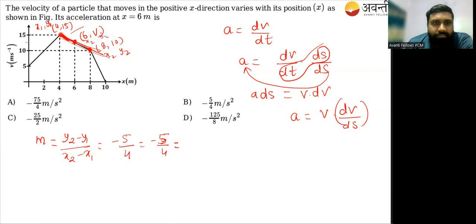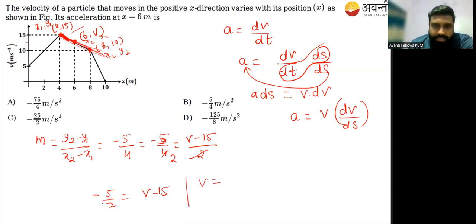So y2 minus y1, which means v minus 15, divided by x2 minus x1, which is 6 minus 4, which is 2. So it will become 2.5 here. So minus 5 by 4 equals v minus 15 by 2.